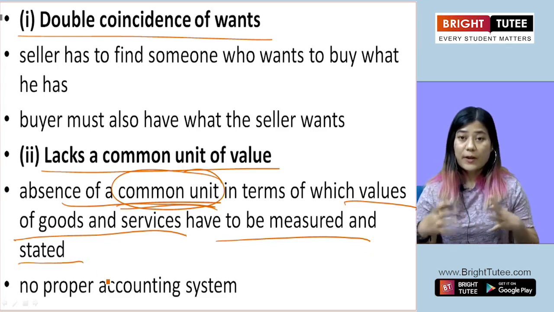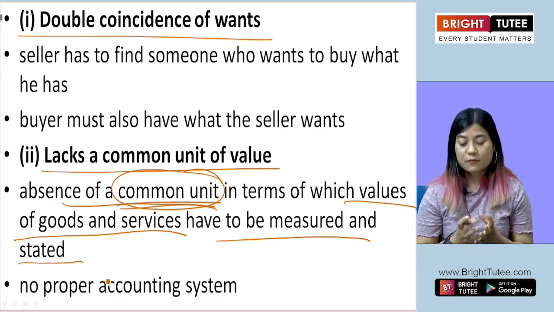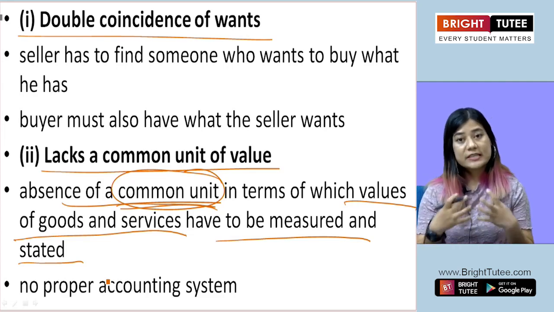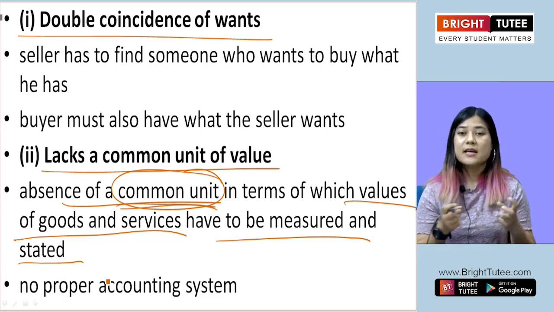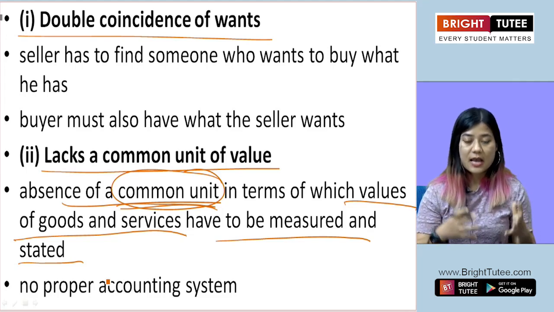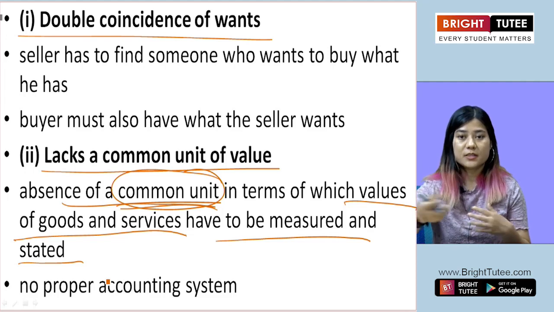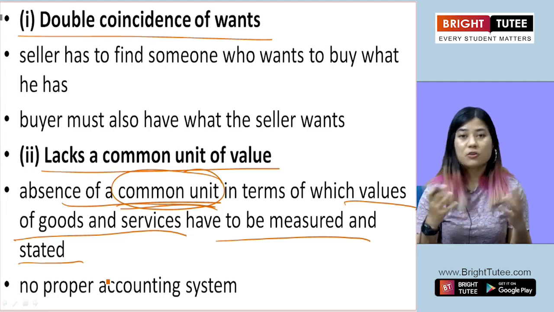For example, in order for me to get a sack of rice, there was no unit of measurement as to how many apples I had to give to the other person in exchange. Such a unit of measurement was not stated.